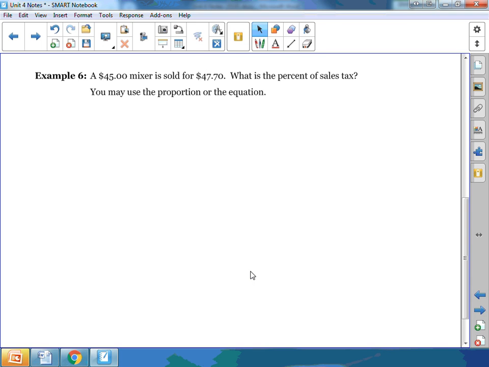It's saying a $45 mixer sold for $47.70. What's the percent of sales tax? So this is a good review. We want to know the percentage that was applied to a $45 mixer to raise its price to $47.70. You can use the proportion or the equation, so whichever one you're more comfortable with at this point, go ahead and use it.